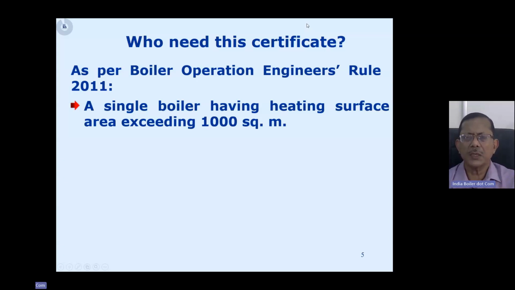Now, when I say take charge of that boiler, that means the boiler operation has to be under his supervision and he cannot leave the area for more than 2 to 3 hours time, right? By handing over the charge to somebody who is not having a BOE certificate, but having a boiler attendance class 1 certificate. But the limitation is that he cannot leave the location for more than 2 to 3 hours.